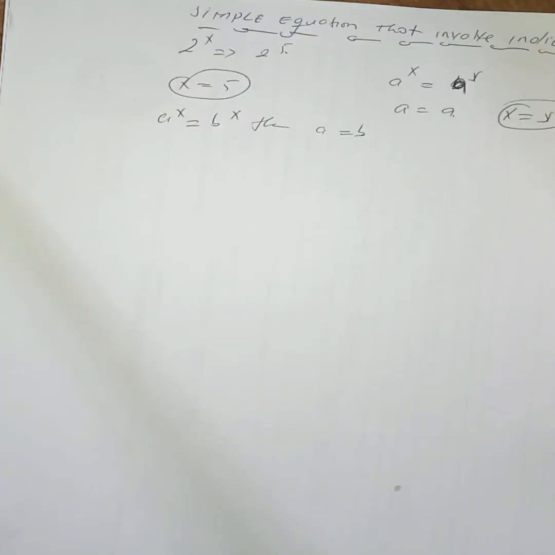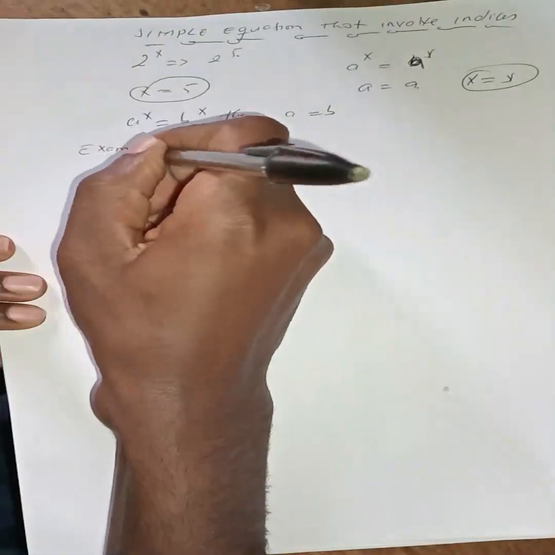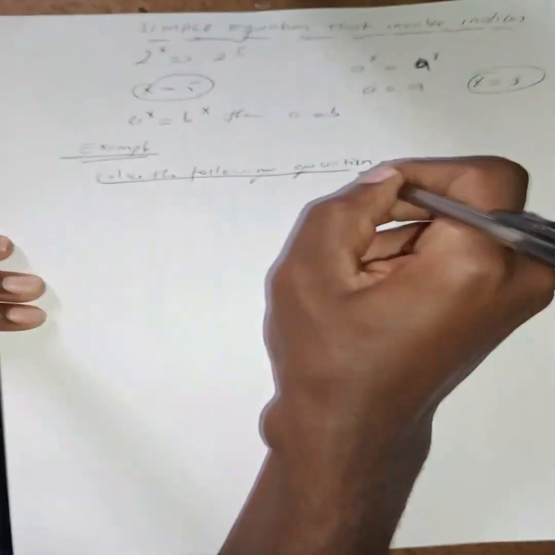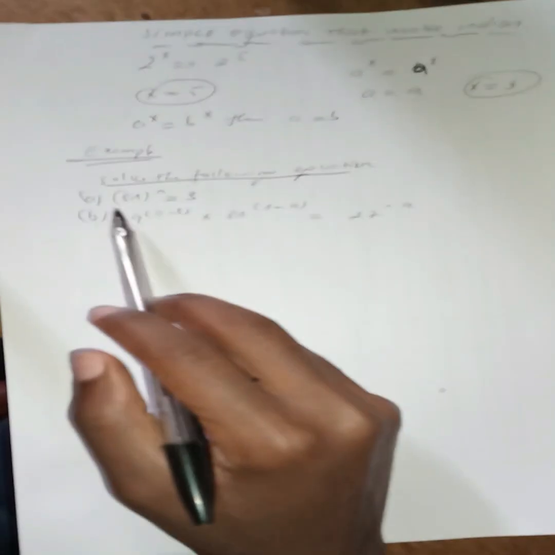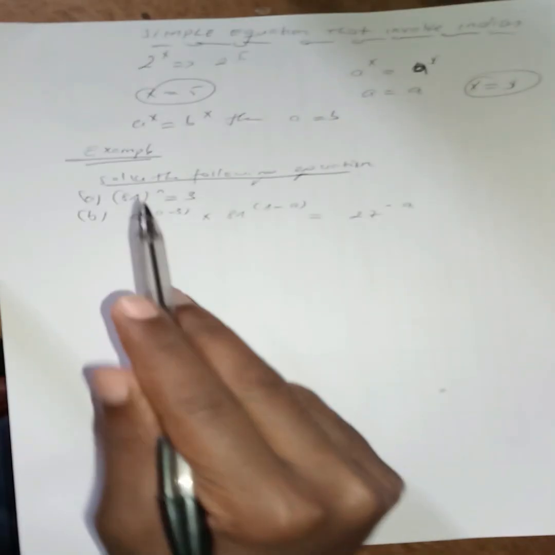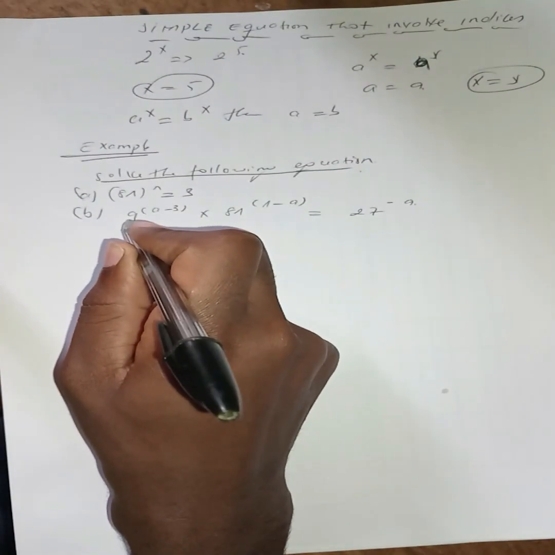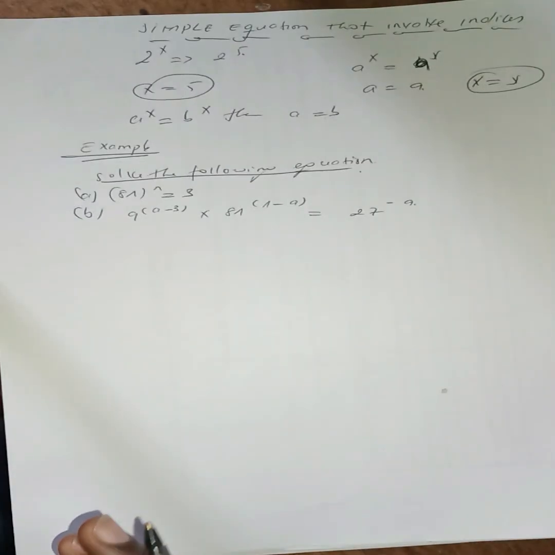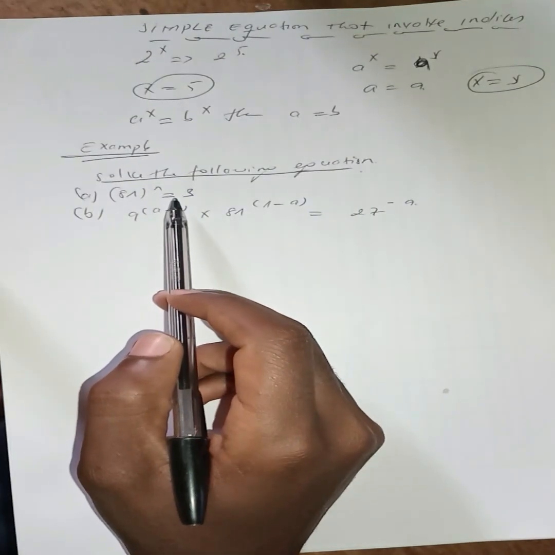Okay, let's take an example. 81 power n is equal to 3. Then what does it mean? We know that 81 is equal to 3 power 4; we are going to find if it can meet with this base.